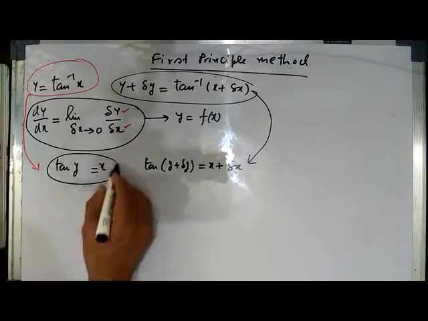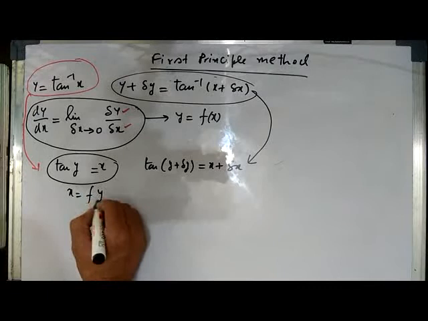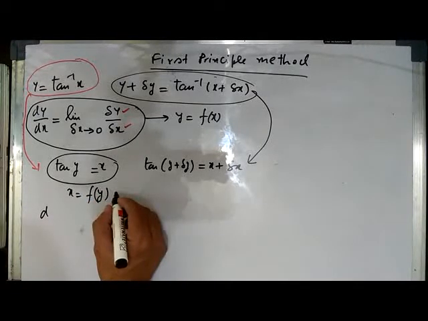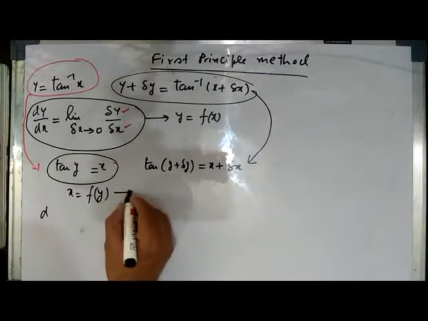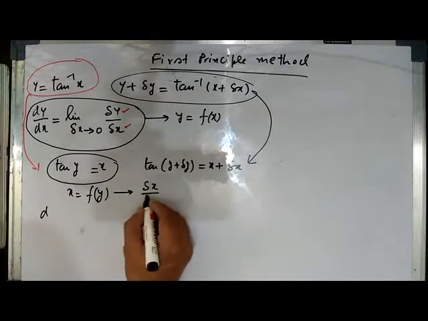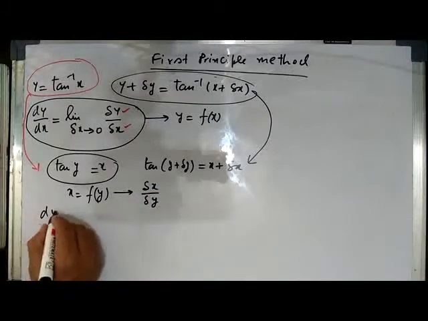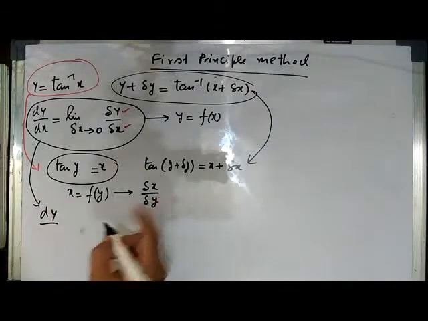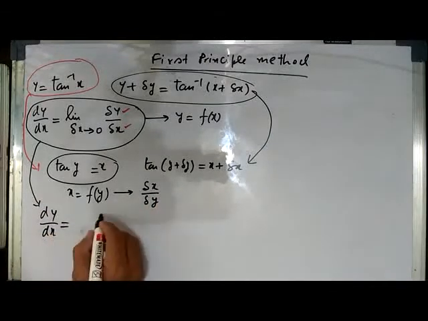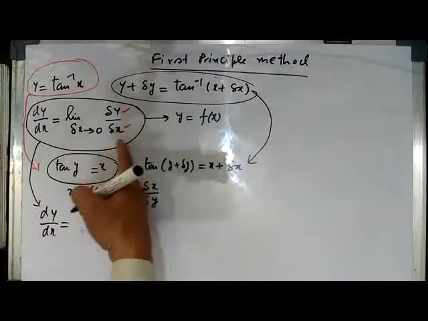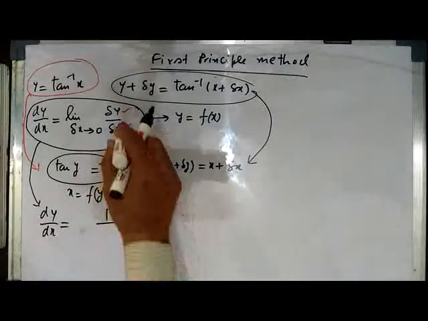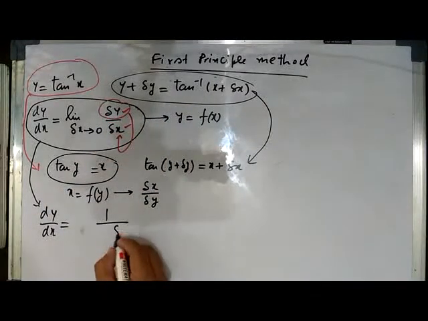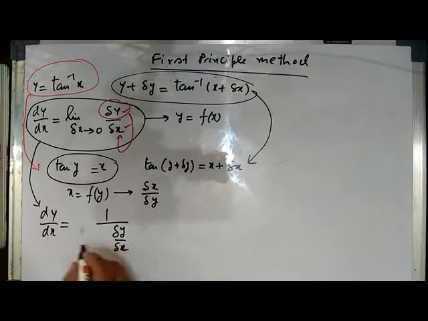Here you are seeing x as a function of y. So we have to write the change in x due to change in y. Then the same formula is brought into this format: dy/dx, we bring delta y below, delta x. How? Delta y upon delta x.